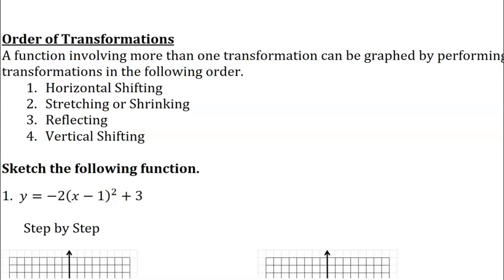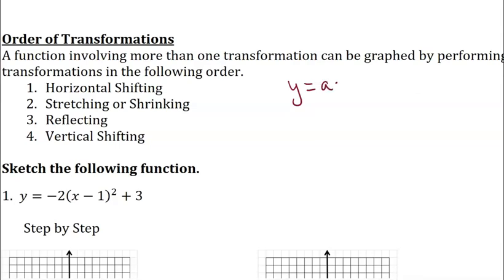So I work from the inside out because parentheses or grouping symbols come first. I do any multiplication stuff, and then I do any addition or subtraction because I'm following the order of operations. So same thing applies with functions. The reason that we have horizontal shifting listed first is because when we think about a function that has several transformations, I'm just going to use a, b, c, d for my coefficients.